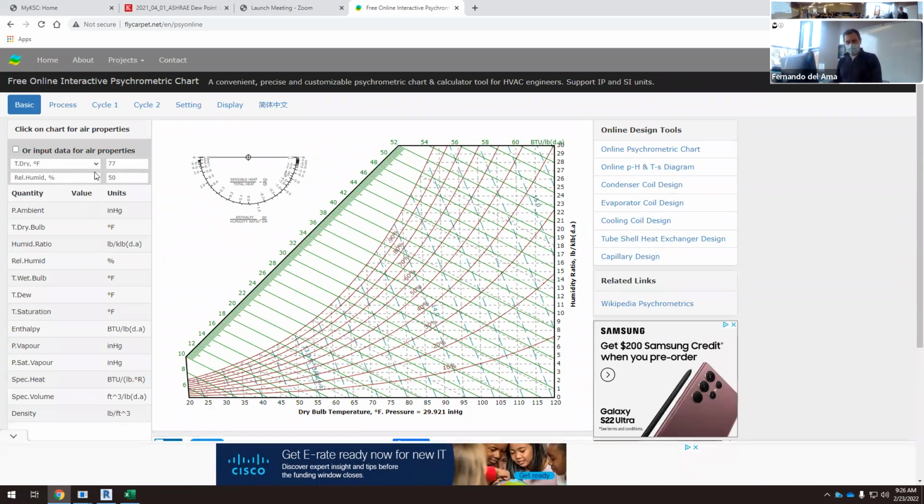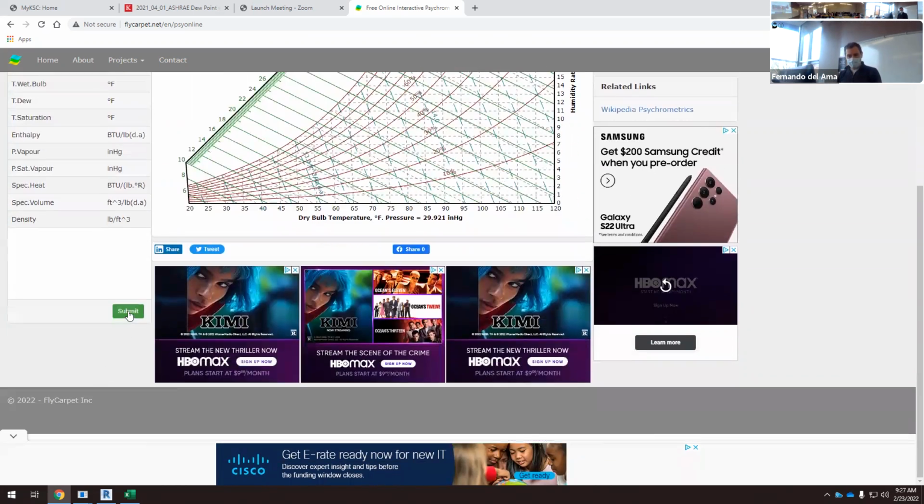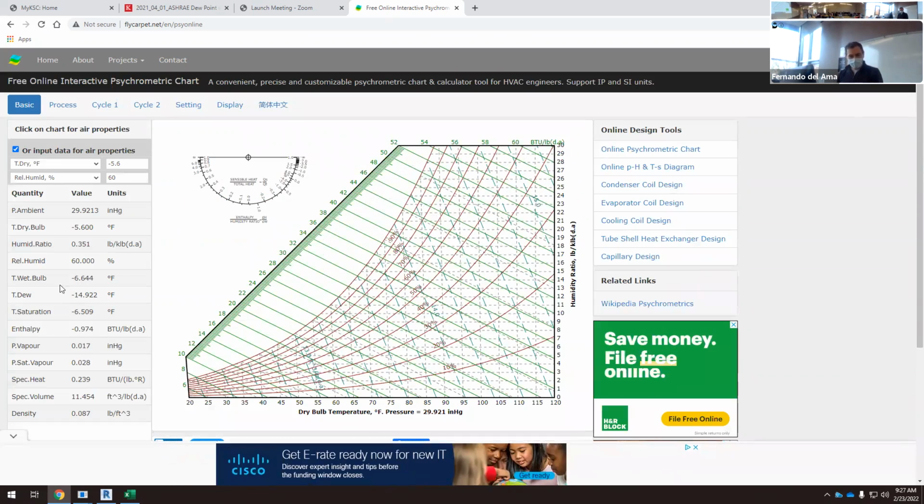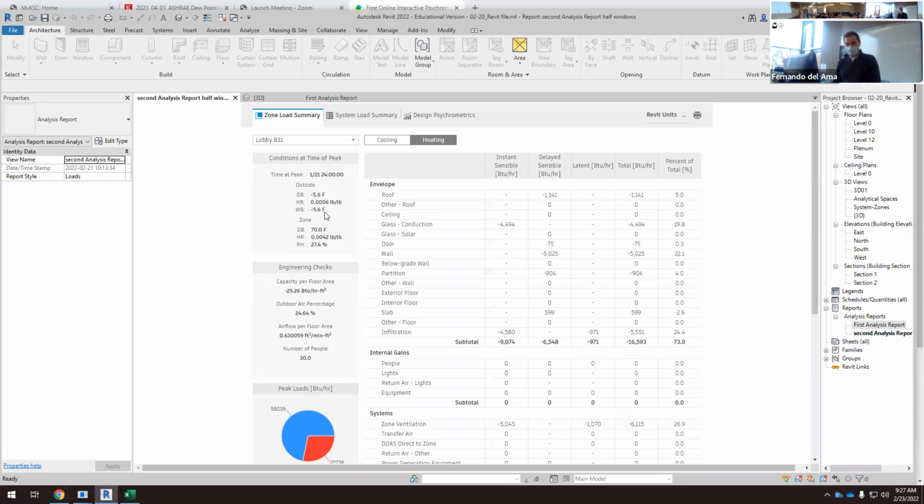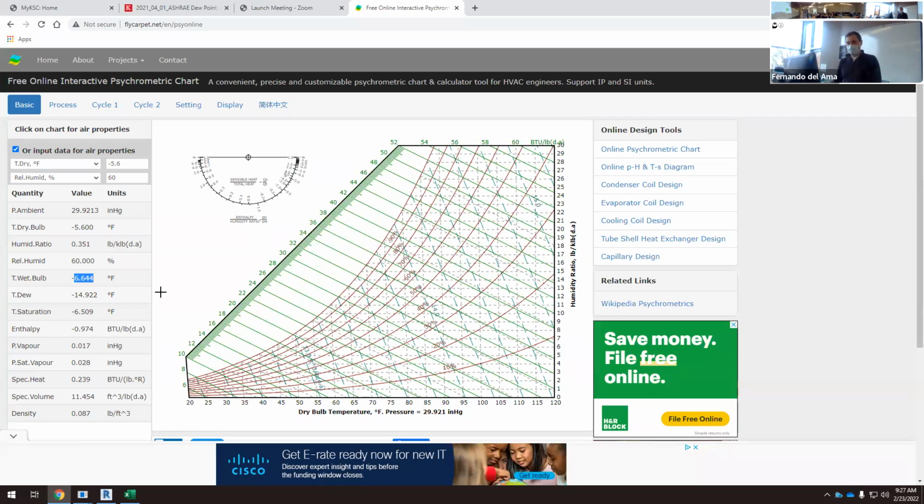Now, for example, if the dry bulb temperature is negative 5.6 and the relative humidity is 60%, we click here, input data for air properties, submit, and the wet bulb temperature is negative 6. In Revit it is negative 5.6. It's not a big deal, but again, we have this tool.